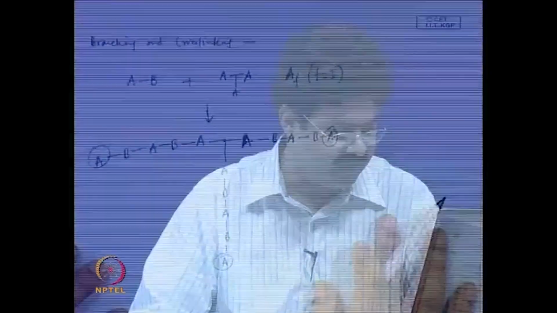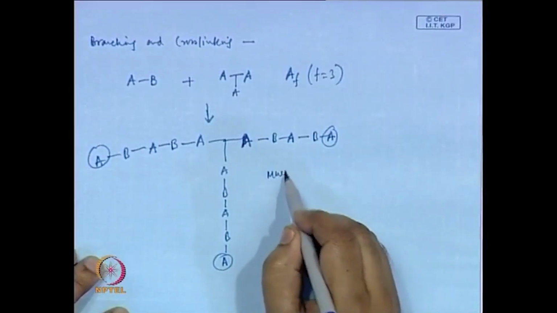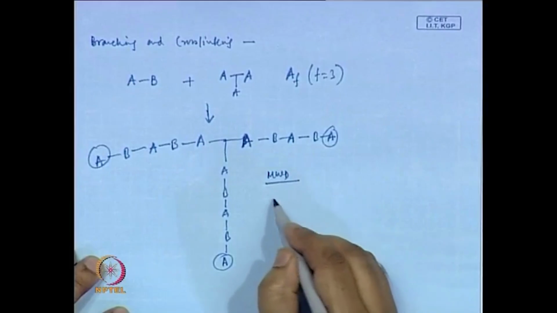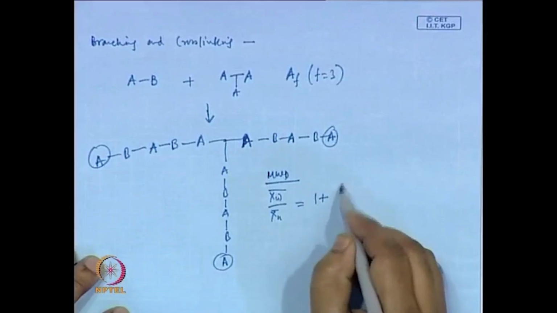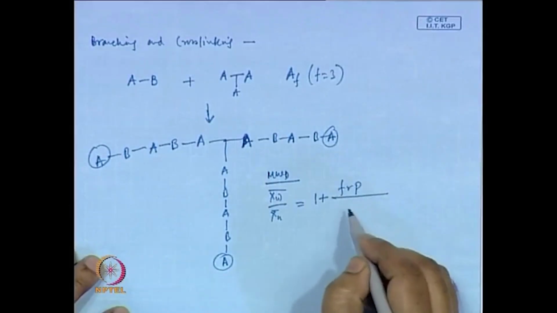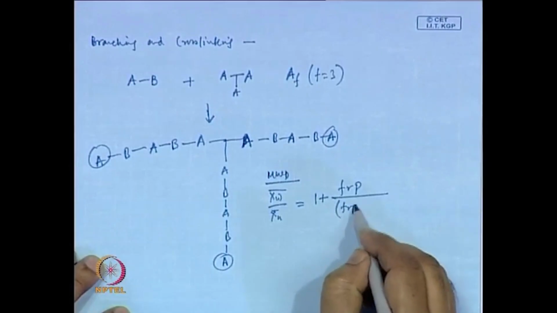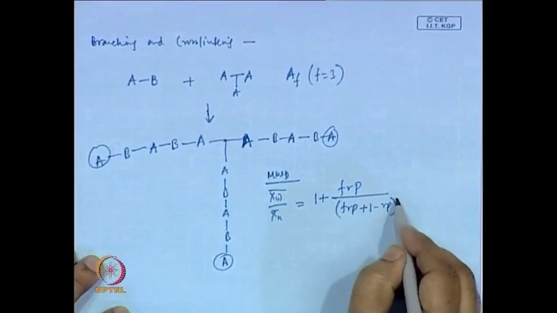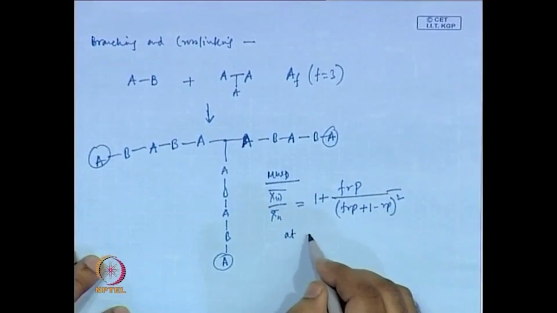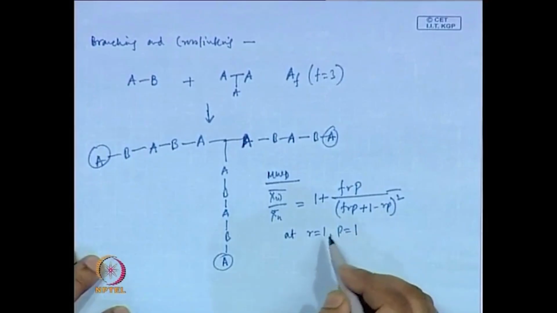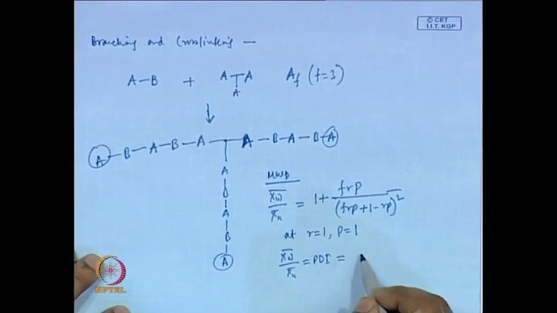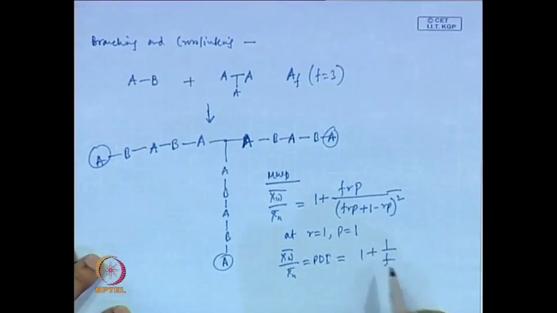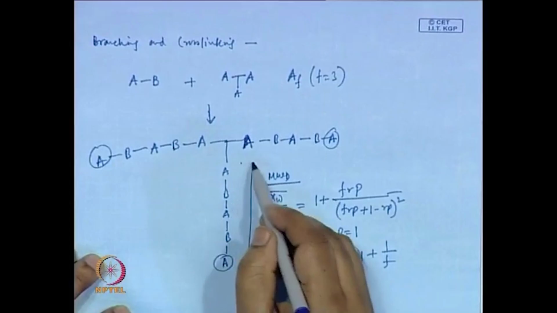I go back and write the molecular weight distribution again without going into the derivation, where Xw by Xn is given by 1 plus f r p, you know all the terms here, f r p plus 1 minus r p square, and at r equal to 1, p equal to 1, this Xw by Xn, which is the polydispersity index, will land up 1 plus 1 by f. So, that is your molecular weight distribution.